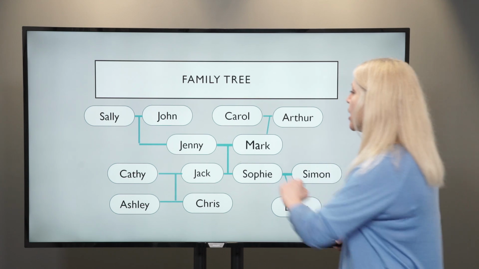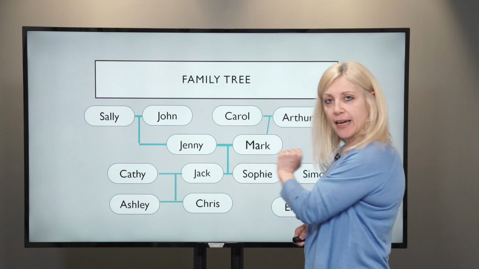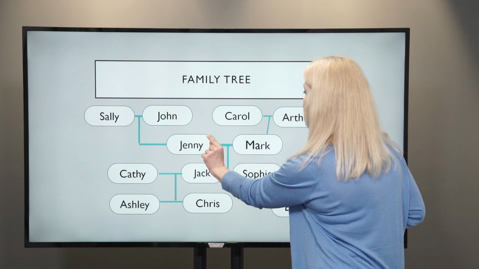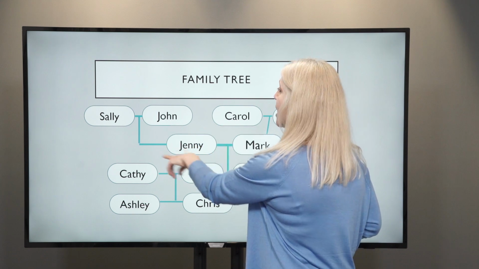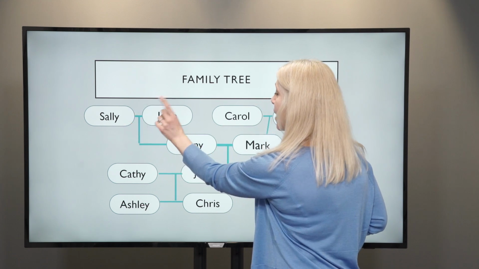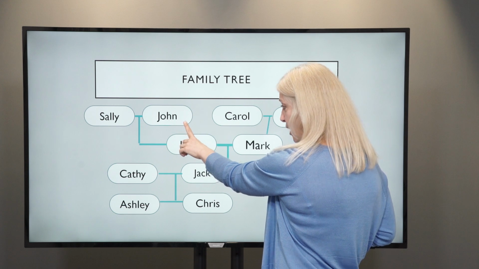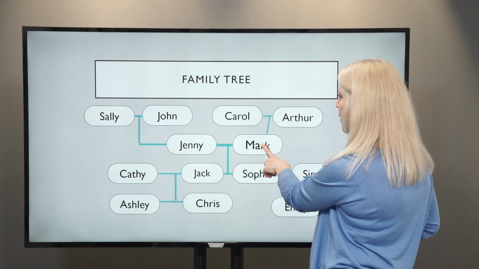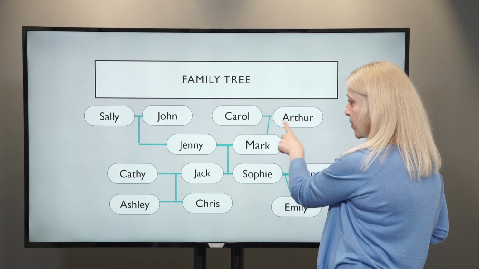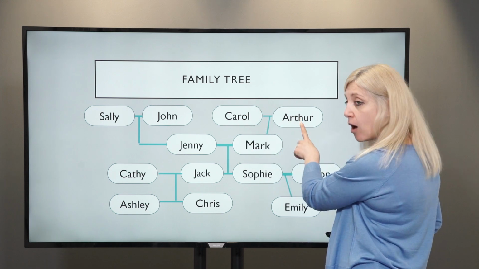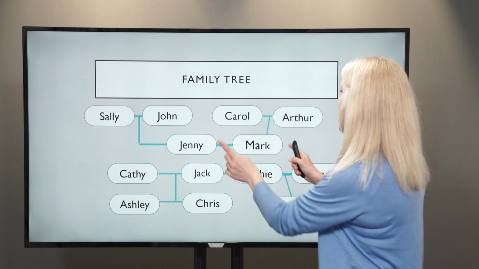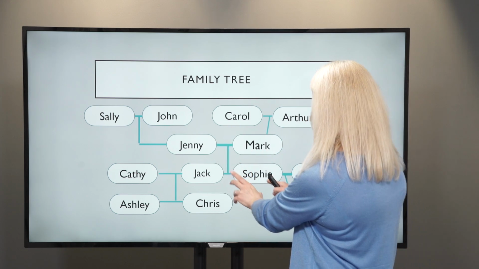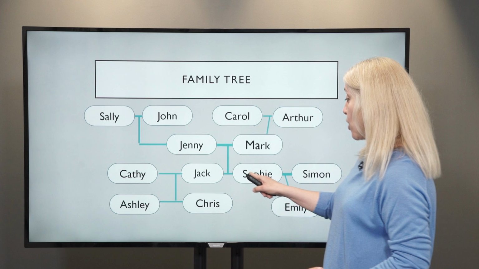Okay, the family tree is here, and it will be much easier for you to understand. So imagine that I am Jenny here. I've chosen names for you. So my mother is Sally. My father is John. And I am married to Mark, okay. These are Mark's parents, Carol and Arthur, my parents-in-law. Then Jenny and Mark have children, Jack and Sophie.